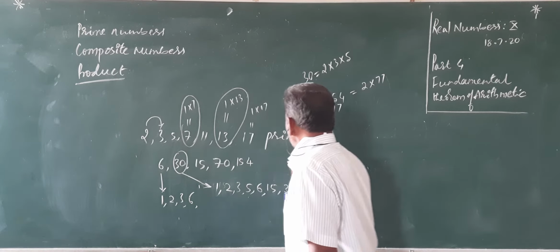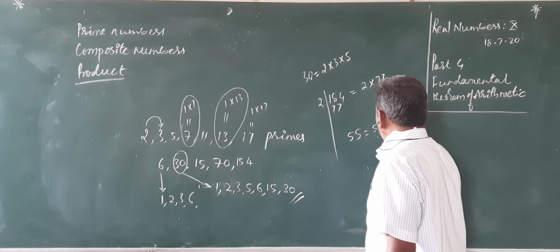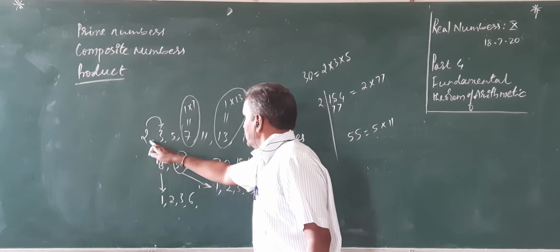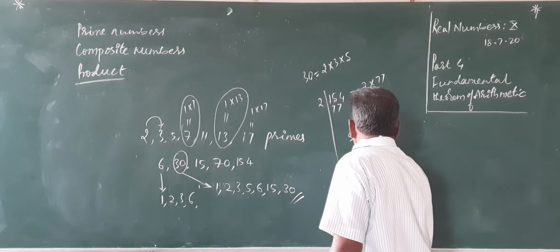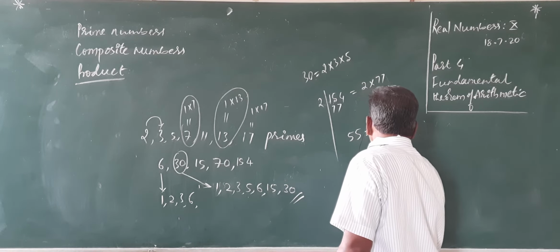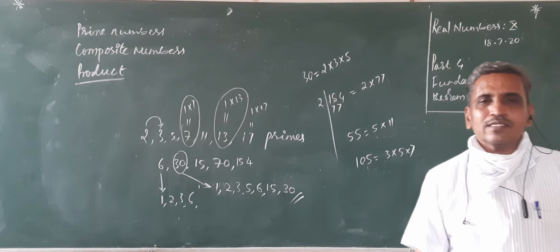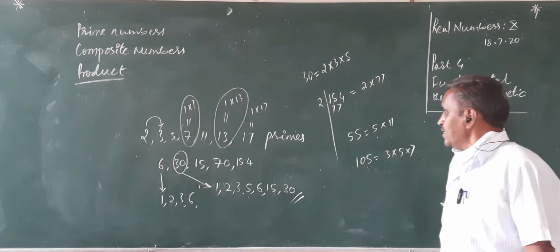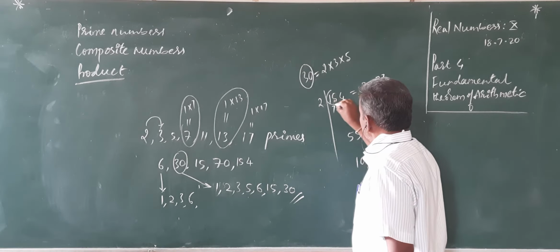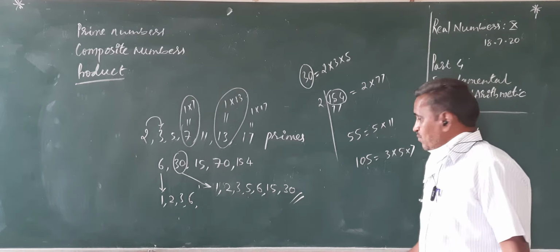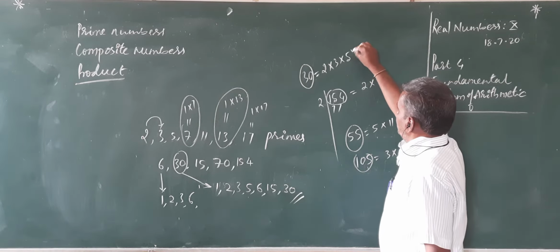And 55 is equal to 5 into 11, and 105 equals 3 into 5 into 7. Very easily you can understand that. It means you can write every composite number as a product of its primes.